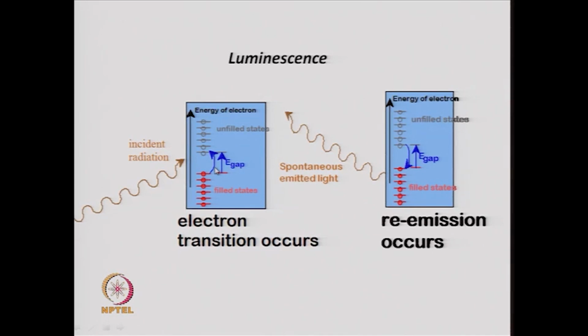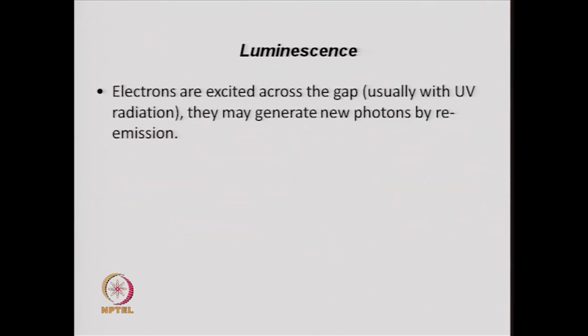If it gives out the same energy which it absorbed, that is just emission, but if it has a lower energy or a higher wavelength than the energy of the incoming beam, then that is called fluorescence, or if it is delayed emission, then it is called phosphorescence, and both these types of emission with lower energy of photons compared to the incoming photons are together called luminescence.